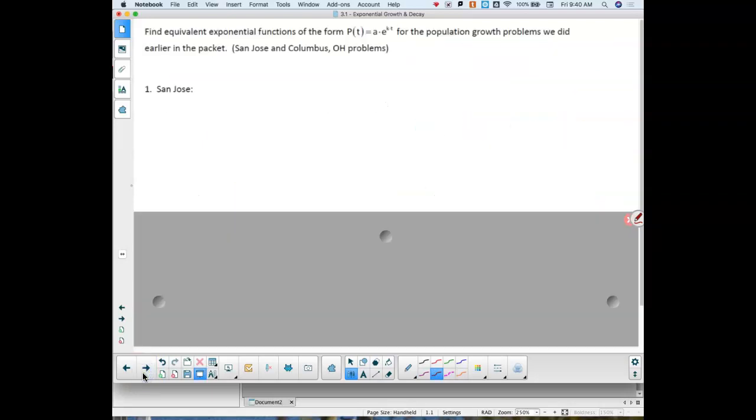Okay. So, let's go back to our San Jose and our Columbus problems that we did earlier this week. In the San Jose problem, you should have gotten P of t equaling 782 times 1.01359 to the t power.